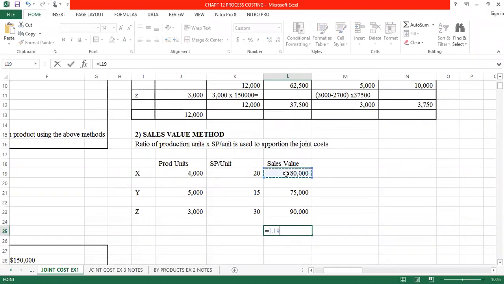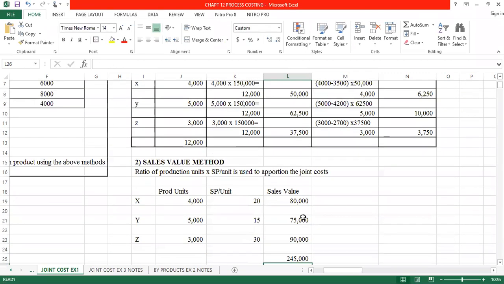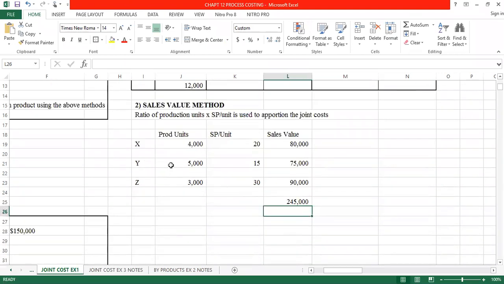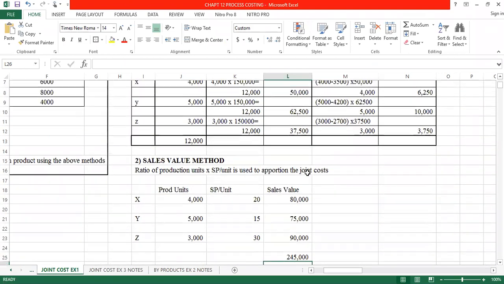The total is 80 plus 75 plus 90, so it gives you 245. So we go a step further.